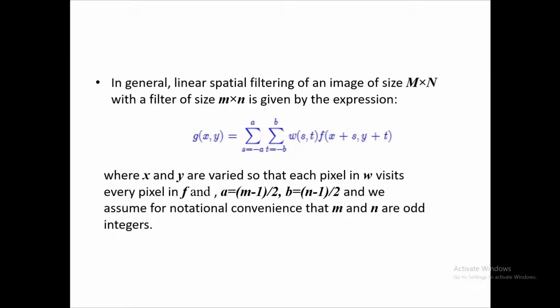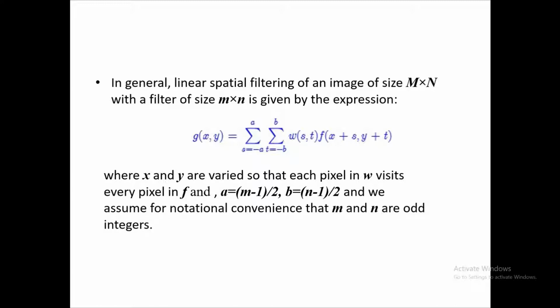In general, the linear spatial filter of an image with a filter of size m by n is given by the expression g(x,y) obtained by the sum of product of w(s,t) and f(x+s, y+t). Here s ranges from minus a to a, and t ranges from minus b to b. This a and b will define the size of the neighborhood.